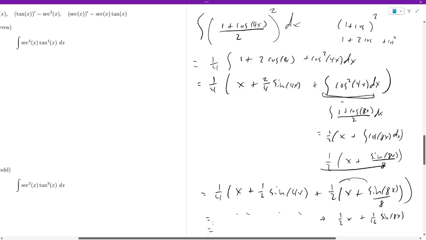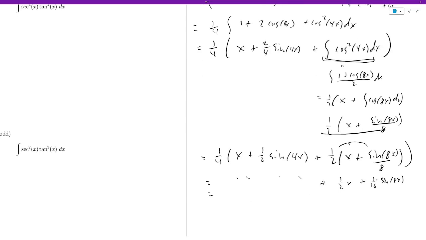So when we distribute the 1/4 through, it'll look like this. We'll have 1/4 x, 1/8 sine of 4x. Now I got to put that 1/4 on these last two terms also. So I get 1/8 x. And then 4 times 16, whatever the heck that is, 64 sine of 8x.